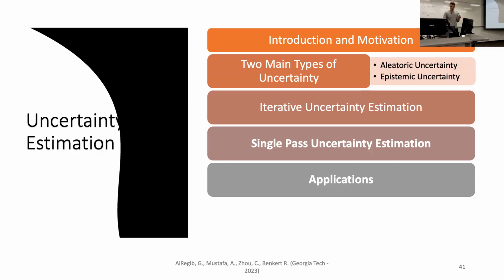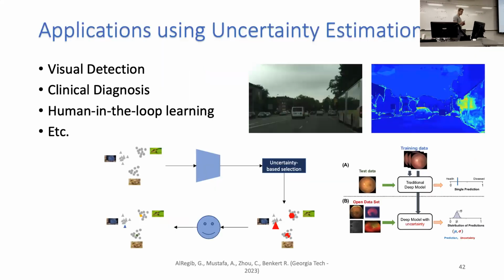That leads me to the final piece, which is applications. Basically, anywhere where we use a neural network, especially safety critical applications, is where we're super interested in estimating uncertainty.